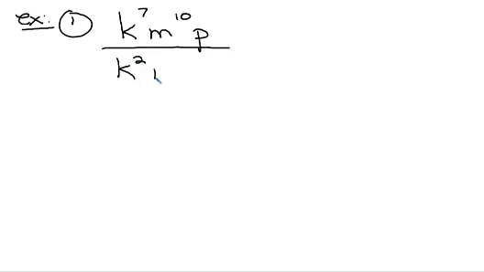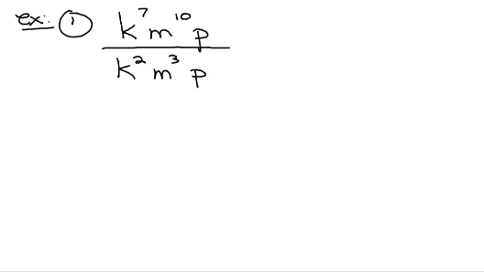Let's say that we have, we'll do a pretty basic one, k to the 7th, m to the 10th, p, over k to the 2nd, m to the 3rd, p. So this one's not real bad. All we need to do is subtract exponents.